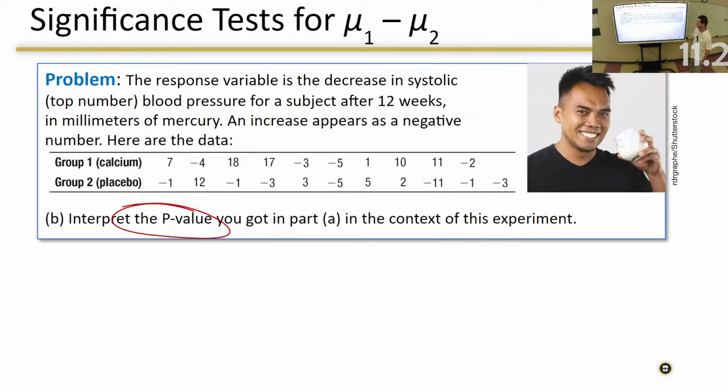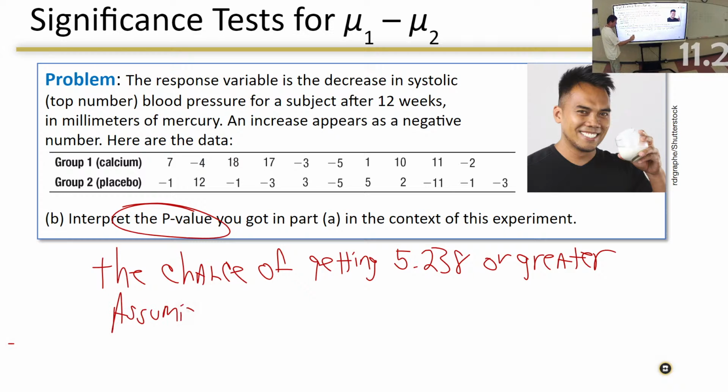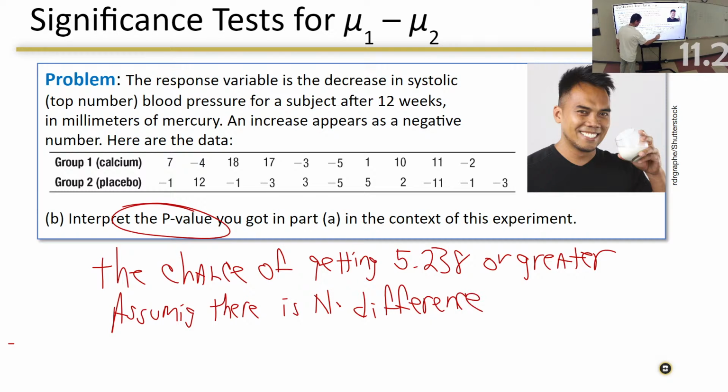5 point, here, let me put it here. The chance of getting 5.238 or greater, and then I got to put assuming there is no difference.